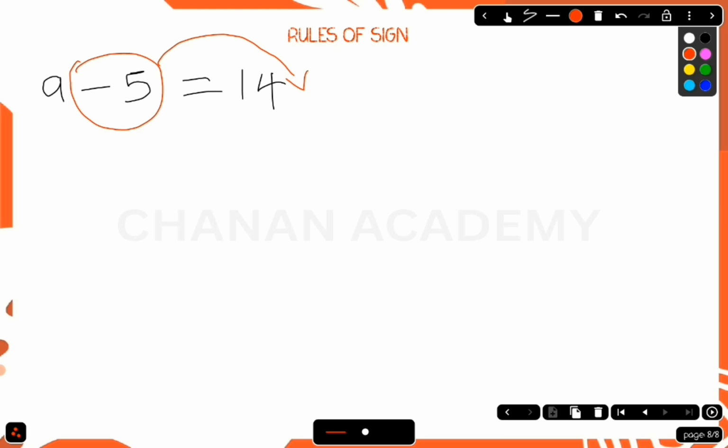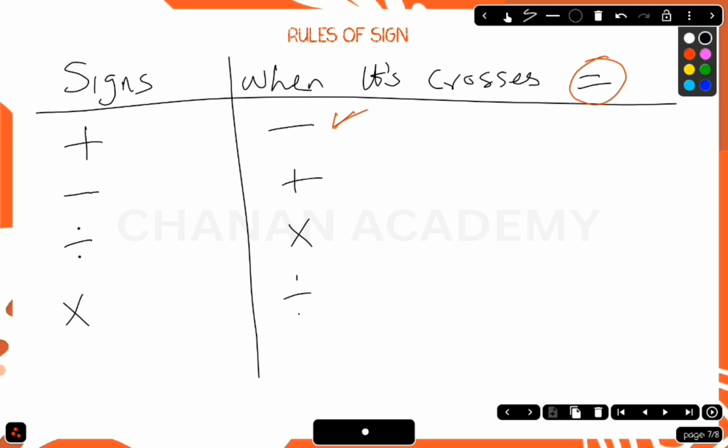So we have a is equal to 14 plus 5. Therefore a is equal to 19. So using this second sign, the negative sign is crossing and becomes positive.